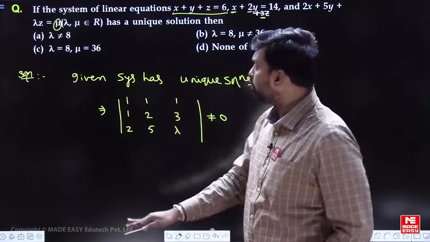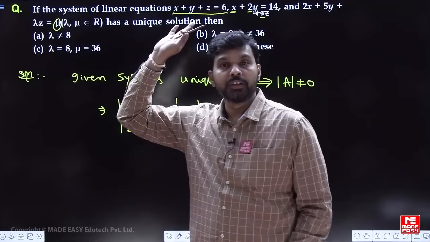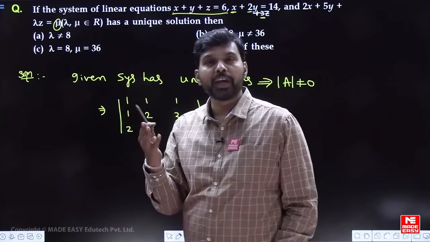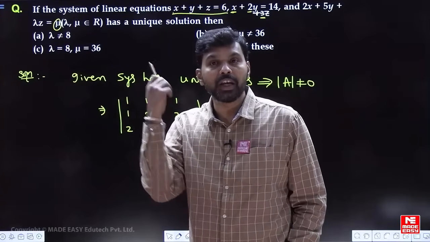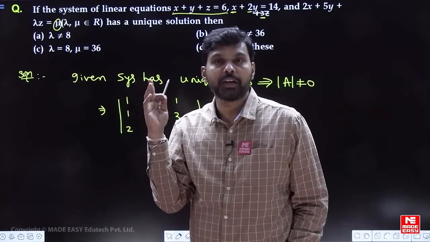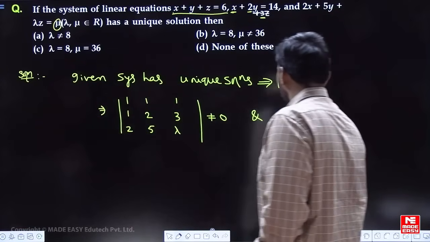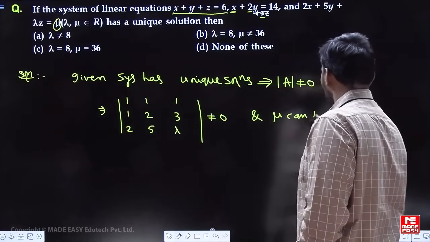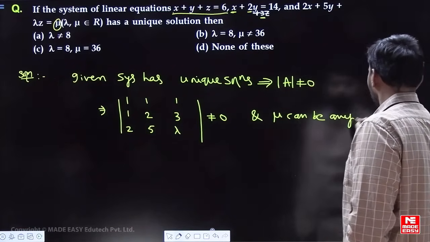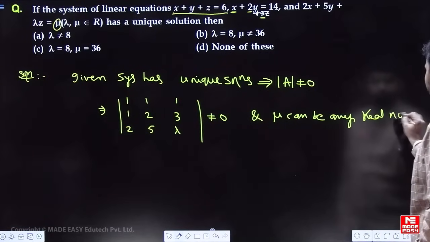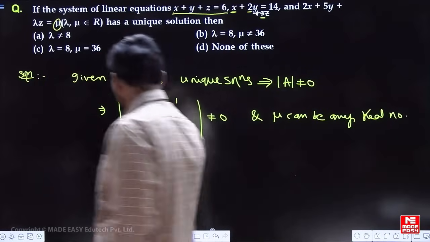There is nothing to do with the constant vector, which means mu can be any real number, irrespective of this.